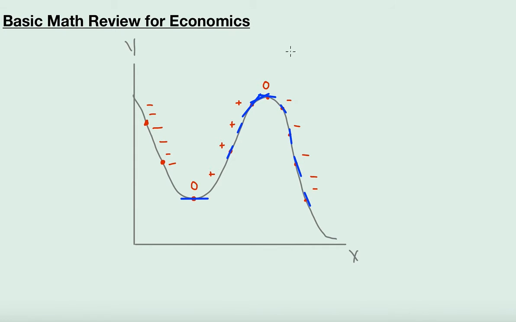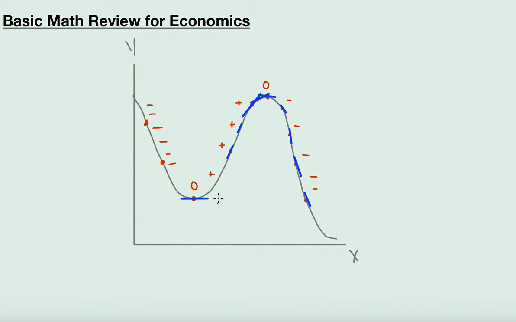So just looking at the function, we can pretty much tell that up here, this is the maximum of this part of the function right here. So if we look right here, the slope at these 2 points are equal. They're both 0. So that would be the first derivative in calculus.